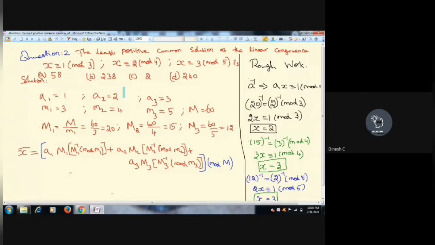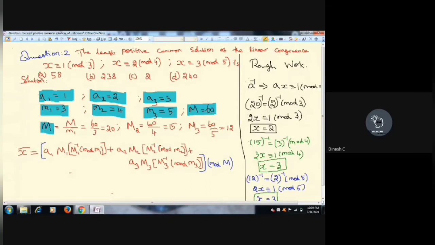By comparing with the Chinese remainder theorem, we get a1 equal to 1, a2 equal to 2, a3 equal to 3, and m1 equal to 3, m2 equal to 4, m3 equal to 5. Also capital M equals the product of m1, m2, m3, so capital M equals 60, and capital M1 equals 20, capital M2 equals 15, capital M3 equals 12.